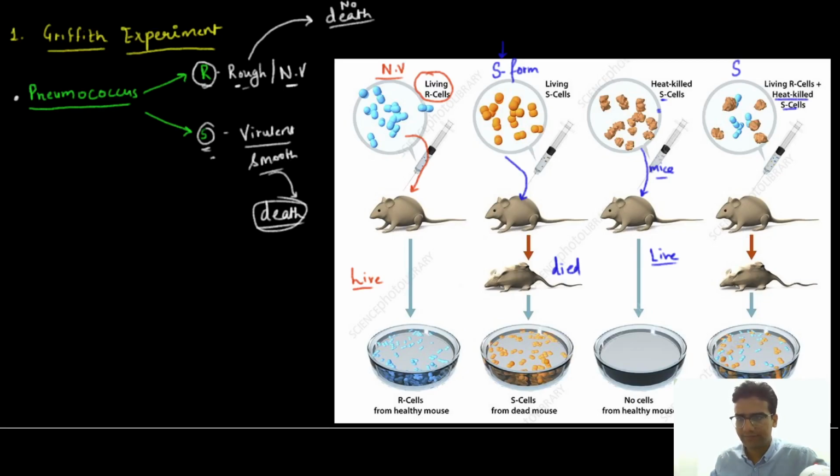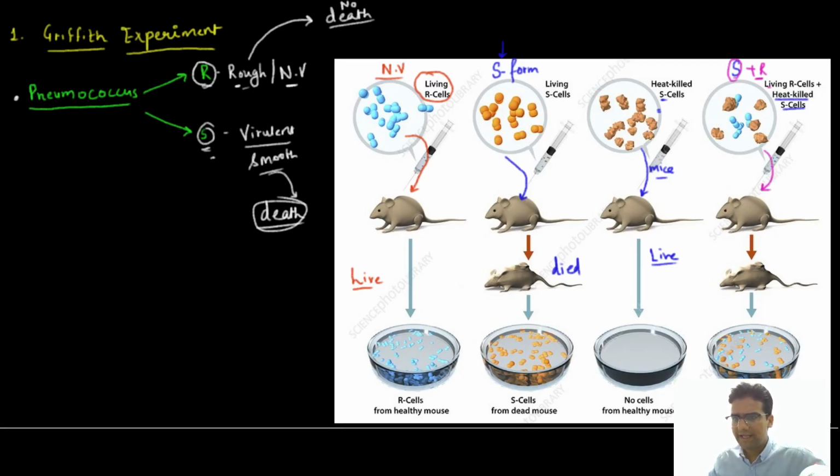In the fourth set of the experiment, he took heat killed S form plus R form and injected them into the mice.